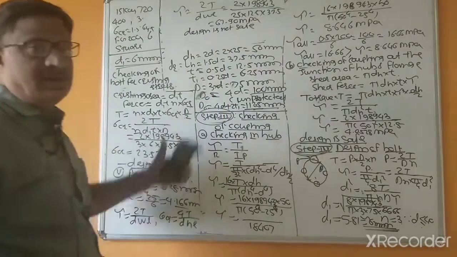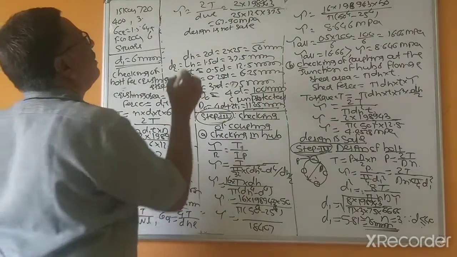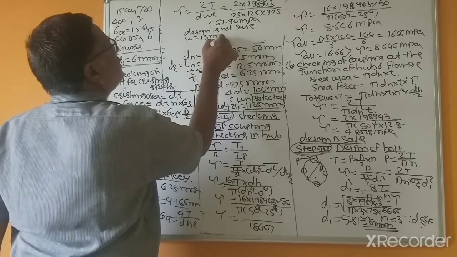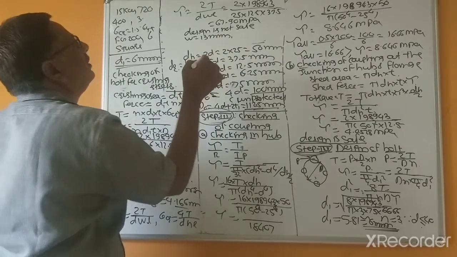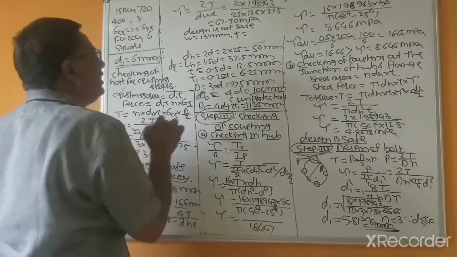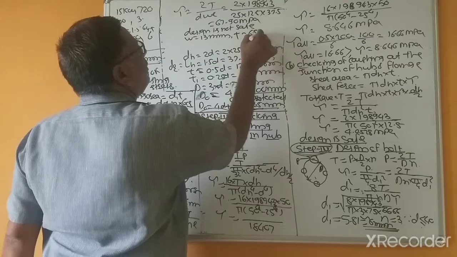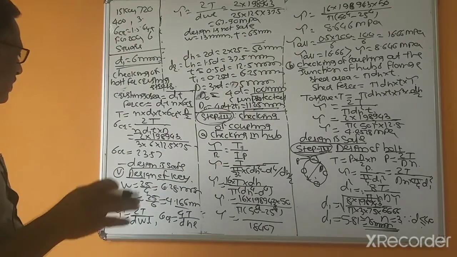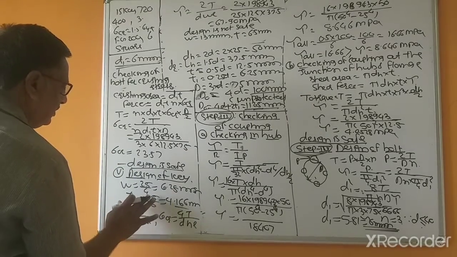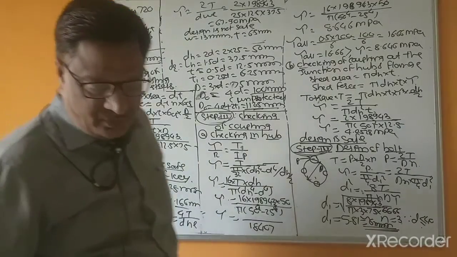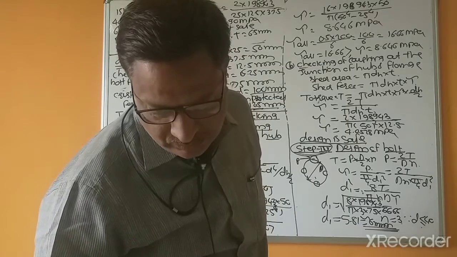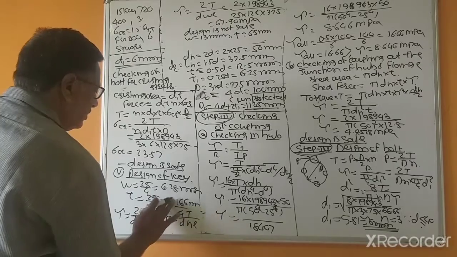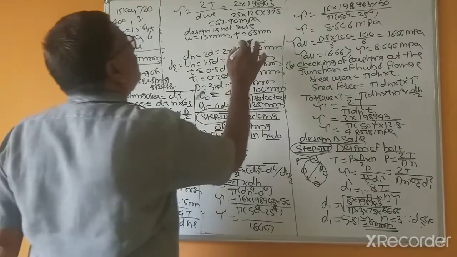Because this is slightly greater, the width should increase. Instead of 12.5, this is 13 mm, and thickness slightly increased to 6.5 mm. Sorry, this is a square key, so that's why... this is only 6.5.